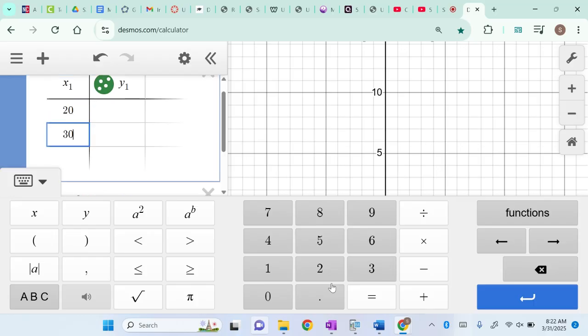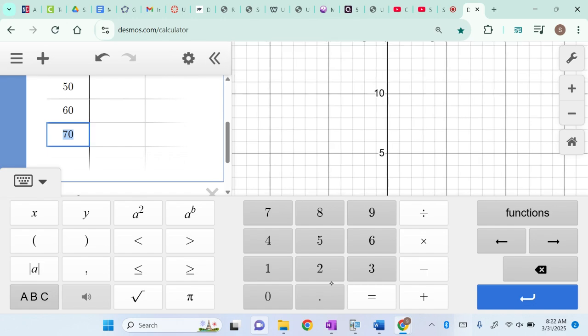So I should see everyone typing this in, either in Desmos or in your graphing calculator.